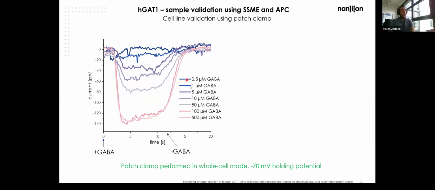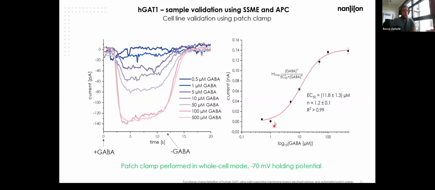As you can see, we have a current response that is defined by different GABA concentrations. So what we did was plot the current as a function of the GABA concentration, and from this we can obtain an EC50 or Michaelis-Menten constant, which is an important kinetic parameter.